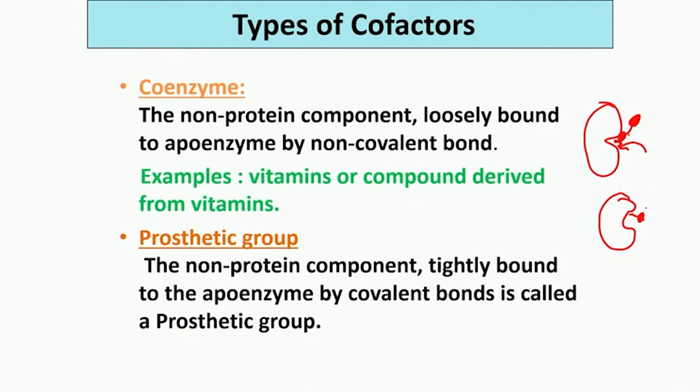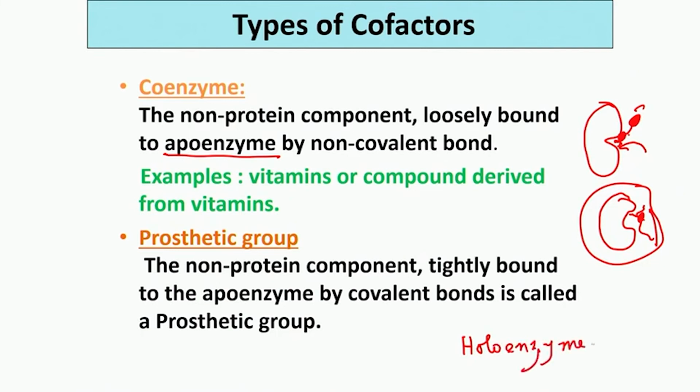Okay. Now, if you can strip this cofactor off, then the enzyme without the cofactor is called the apoenzyme, and when the whole thing is there, that means the cofactor is tightly attached to the enzyme, that is what is called the holoenzyme. Holoenzyme.